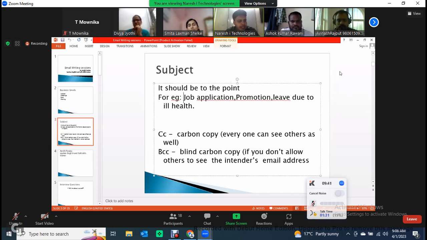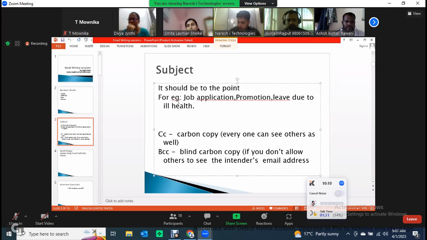One more important thing: the subject has to be precise, to the point. If you are writing for a job application, you should not write that I am applying for the job, so-called software, which I saw in the paper, or that I really need this job.